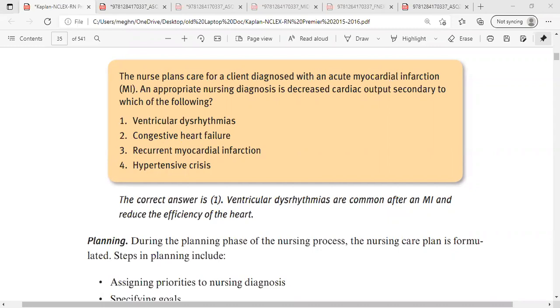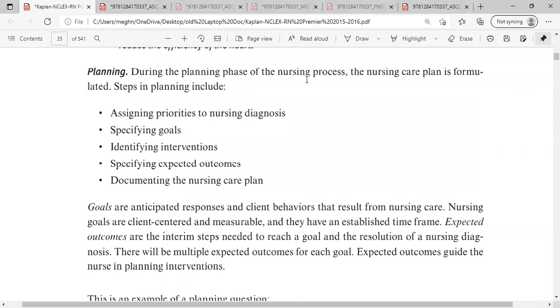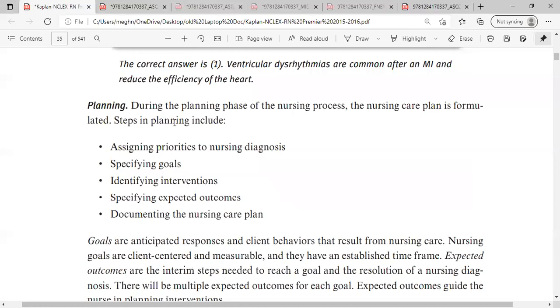What next? Next here, planning. During the planning phase of the nursing process, the nurse formulates the plan. The steps in planning include assigning priority to nursing diagnoses, specifying goals, identifying interventions, identifying expected outcomes, and documenting the nursing care plan.